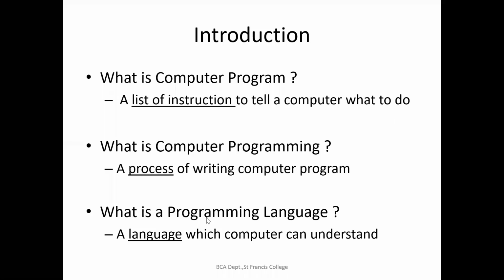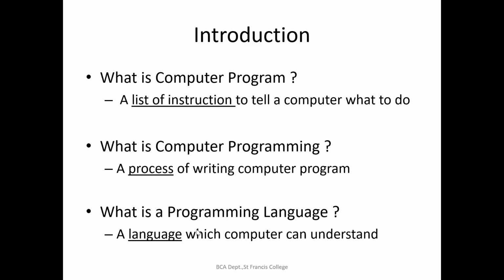So what is computer programming? We are all studying programming, right? It's the process of writing a computer program. A program is nothing but a set of instructions, and the process of writing the computer program is called programming. And what is a programming language? A language which the computer can understand.